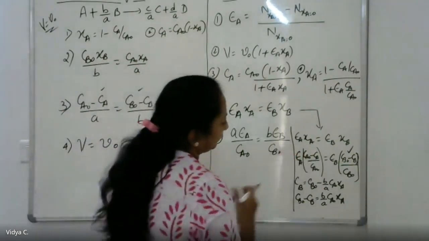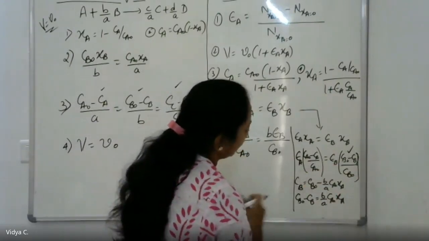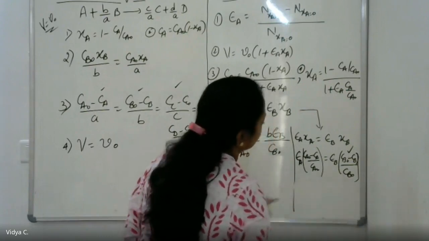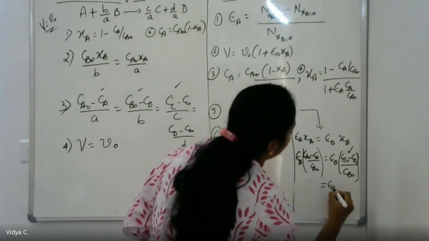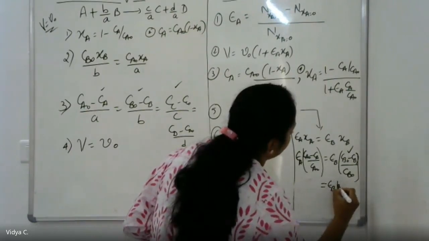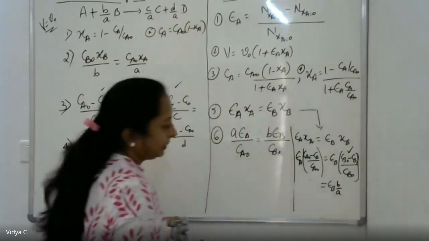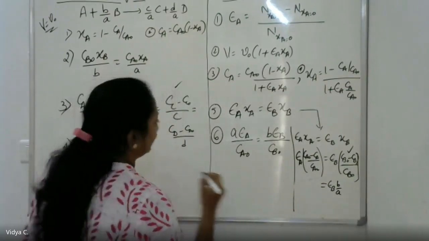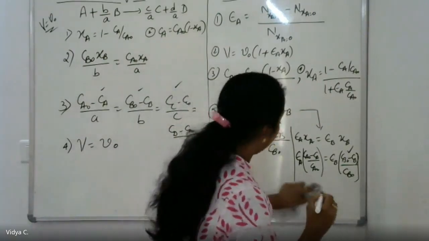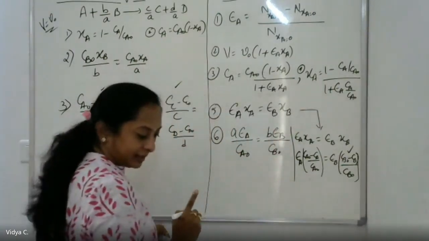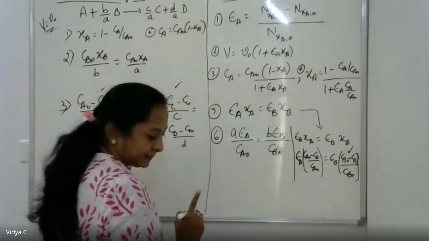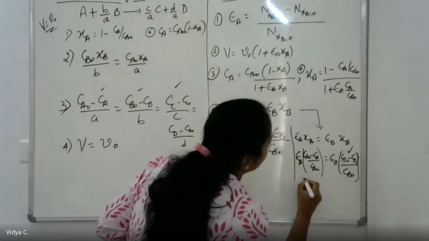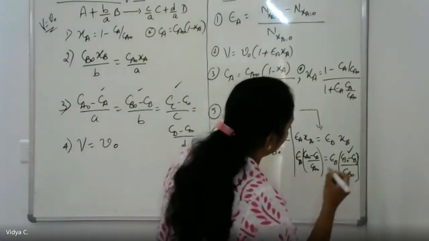So now what I'll do, I'll substitute for this CB naught minus CB from this equation. This is equal to epsilon B into, what did I write? B by A into, I just missed a step, let me rewrite that. Okay, no problem.